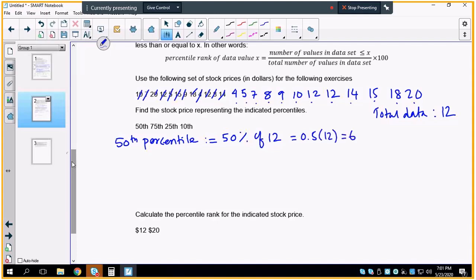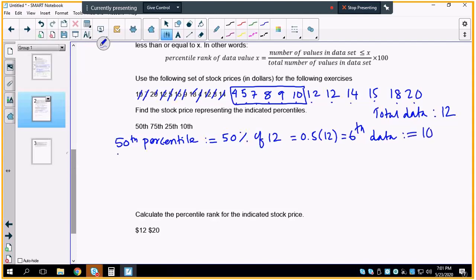So that means I will count 6 data, and that will be the 50th percentile. So let's count it: 1, 2, 3, 4, 5, 6. So that's 10. According to the definition of percentile, 10 is the 50th percentile.